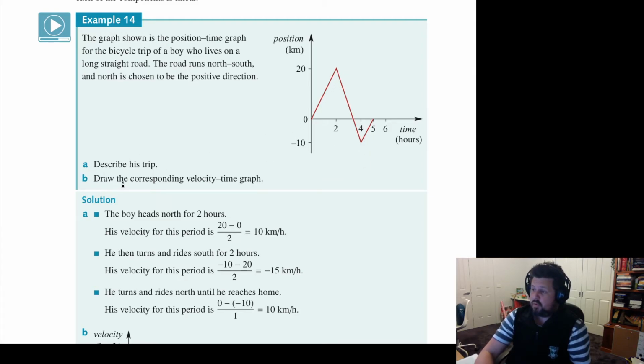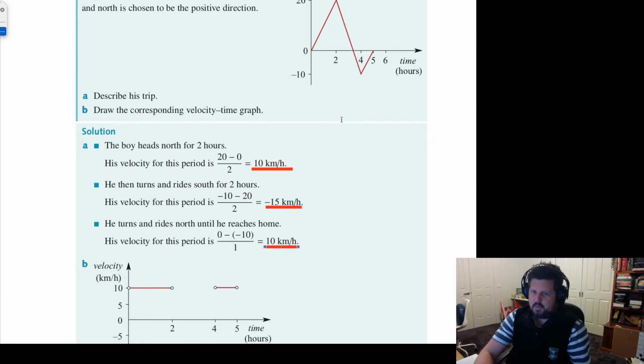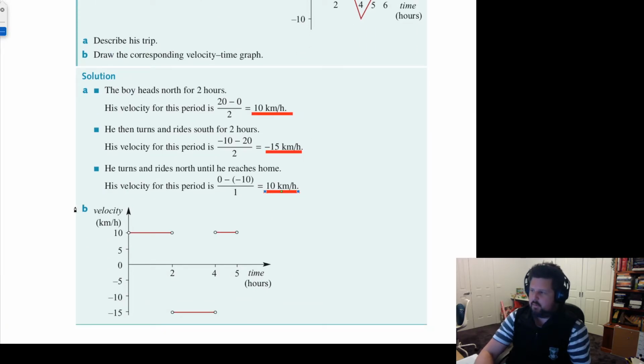Next, you can draw the corresponding velocity time graph. And the good news is we already worked out the velocity at each of those points, so we can easily create that. Here, for the velocity time graph, as we said in the description above, for the first 2 hours he was going at 10 kilometers per hour.